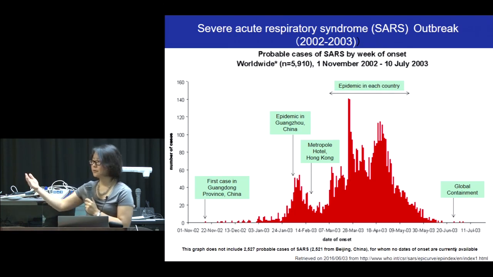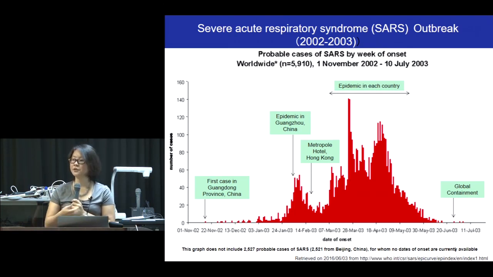And over the next few months, the illness spread to more than a dozen countries in North America, in South America, in Europe, in Asia, before the epidemic was contained, okay?